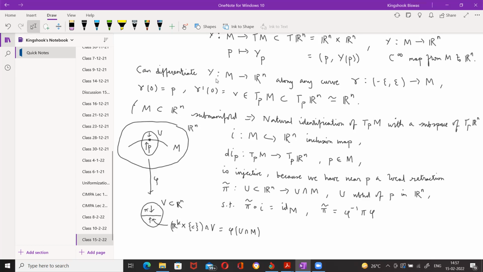Is this clear? Where pi from Rn to Rk is the projection to the first k coordinates.